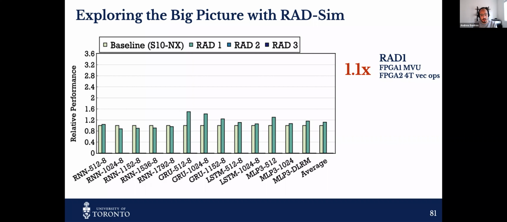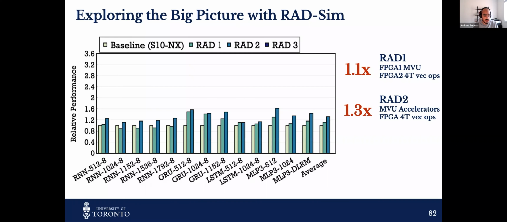We use one to do the matrix vector operations, and the other one to do vector element-wise operations, and scale out the vector element-wise operations to support multiple threads of the NPU. So I'm really saying that we are not making the best use of the two FPGAs. We are just simulating an instance of a RAD where we decide to do the implementations this way.